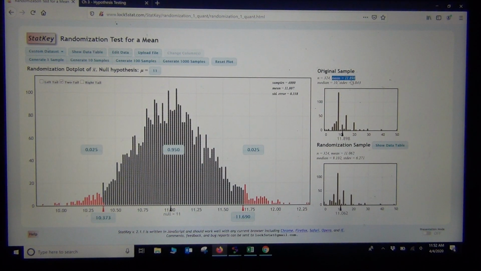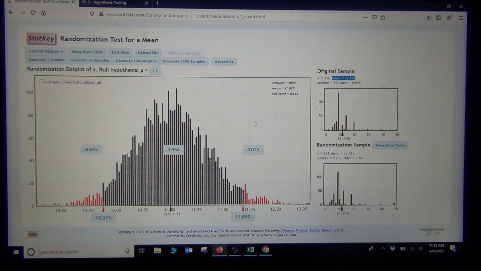So in our case, our original sample mean was 11.898, which is over here, in this area. So it's definitely significant. Randomized simulation is very similar to the traditional approach, but you're looking at the sample data directly instead of through a test statistic and a critical value. And you're not using the theoretical curve anymore.